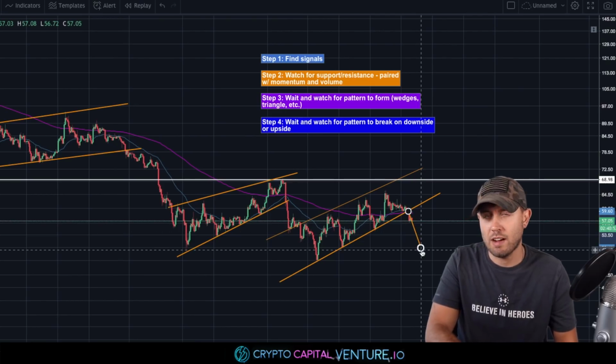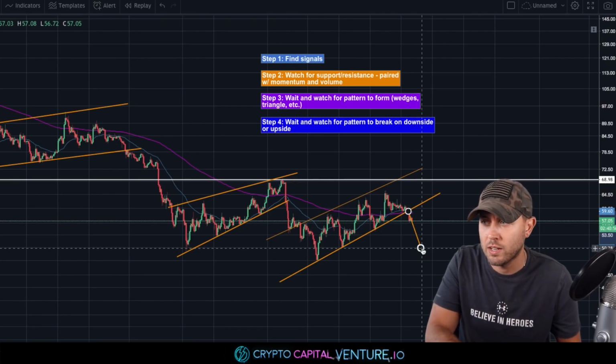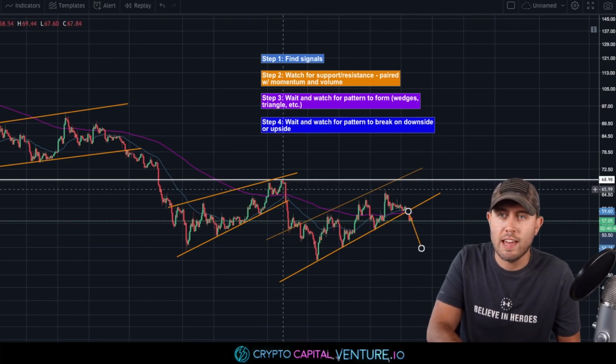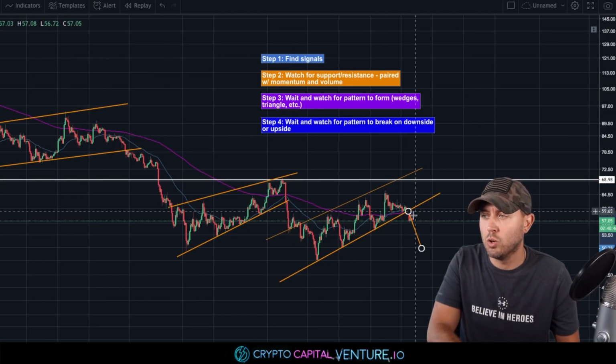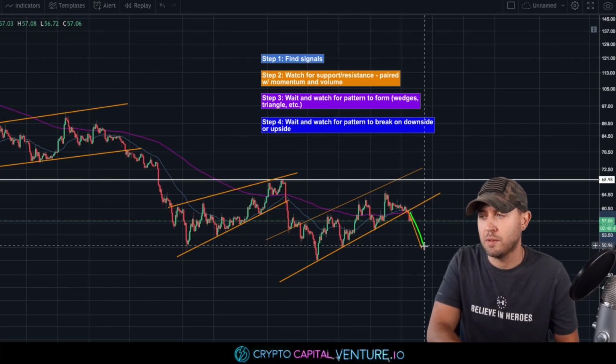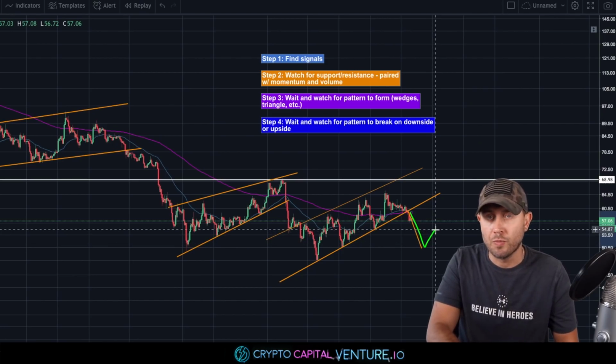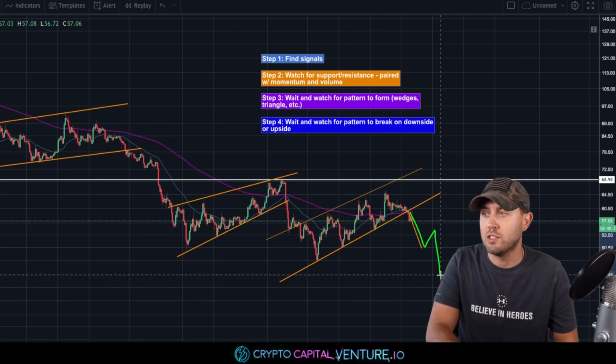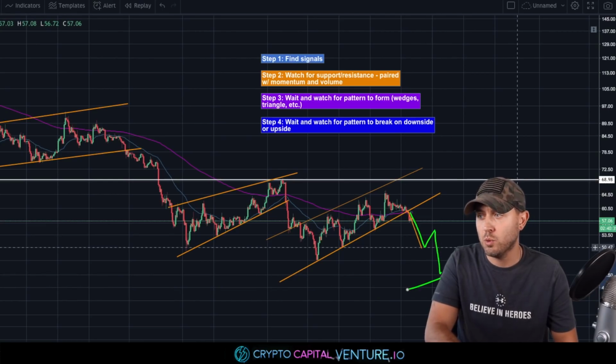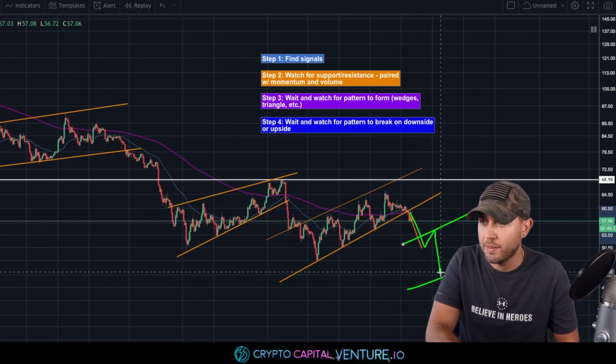Our target right now is around $50 for Litecoin. I want to say that doesn't necessarily mean we'll go to $50 and just get a hard bounce off of it, right? We might, and even if we do, we could go further down, and then that's where we might find support in a new wedge, right?